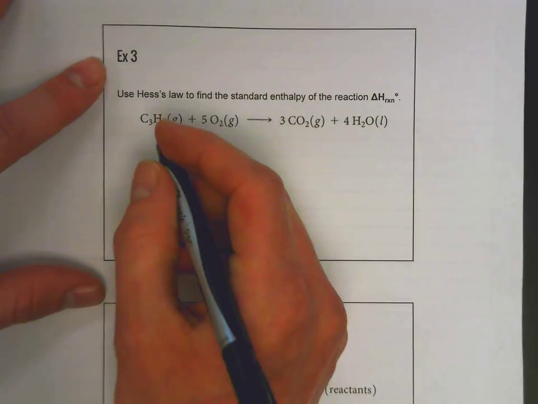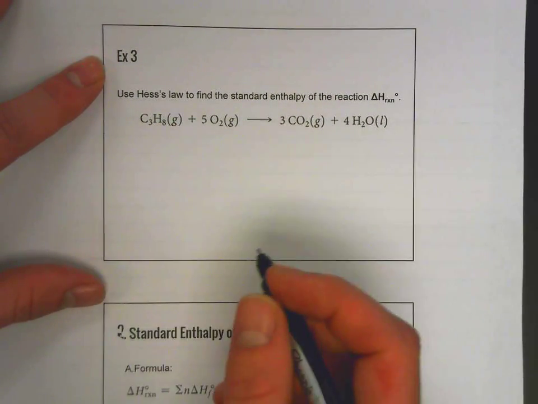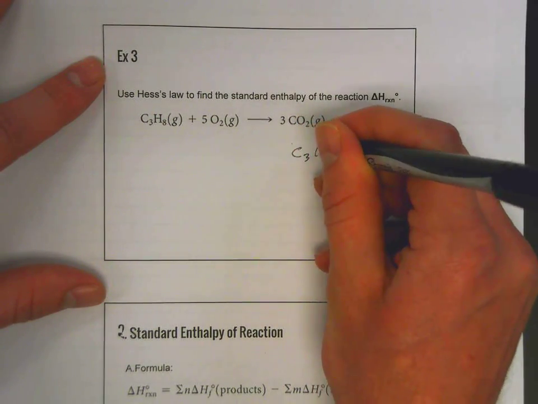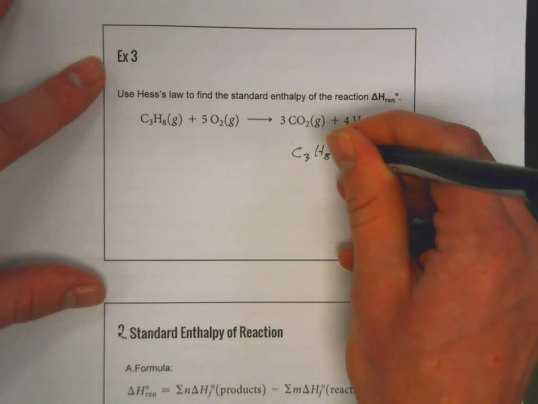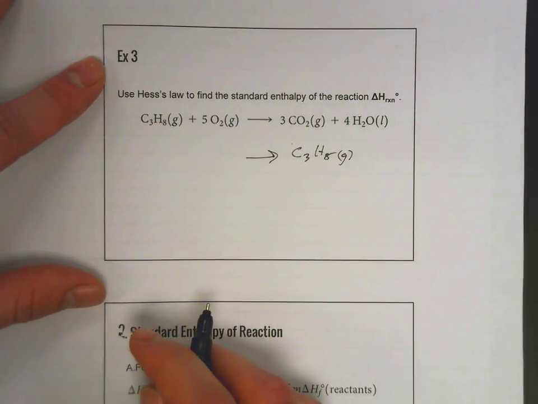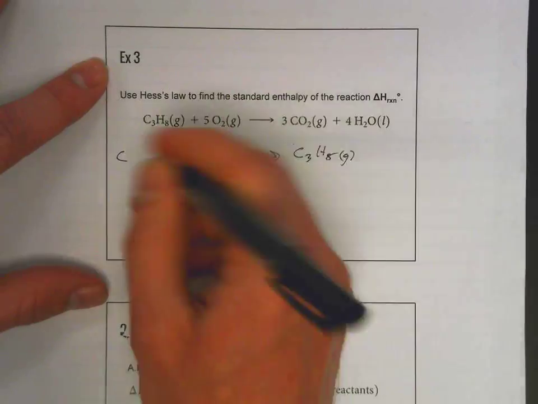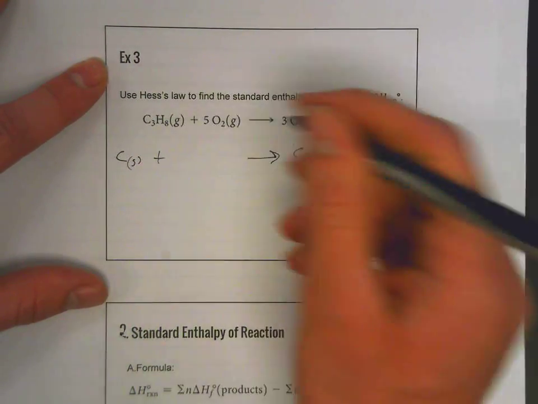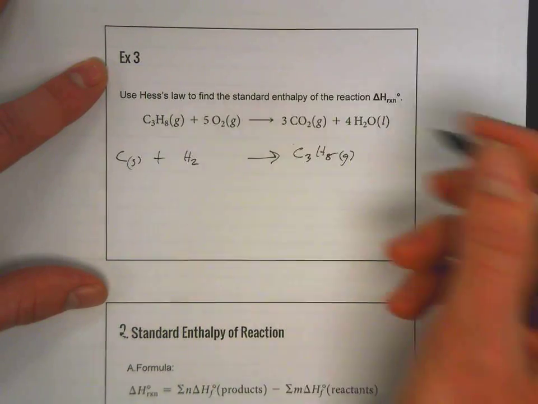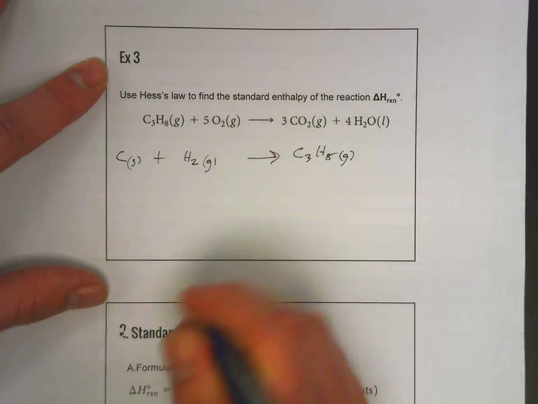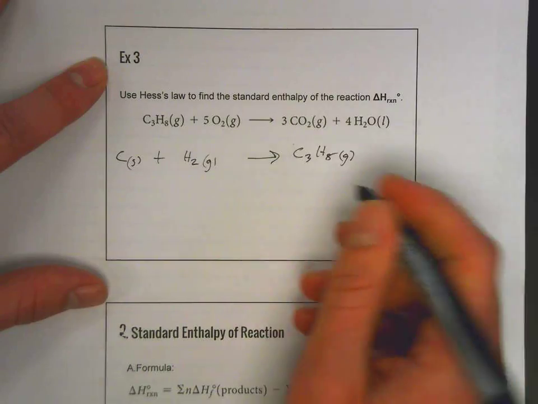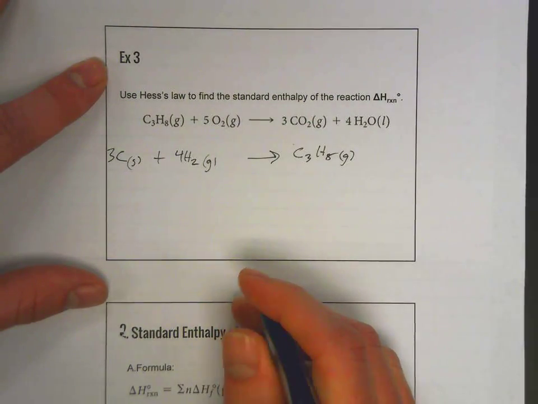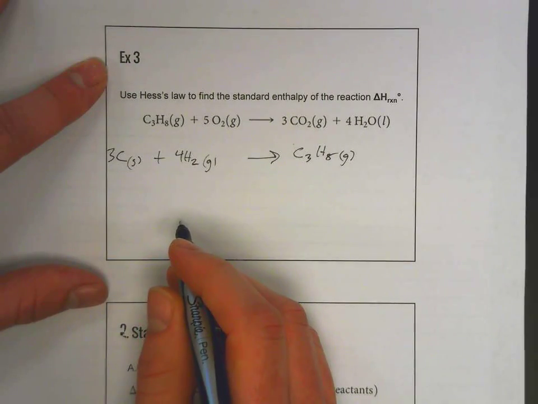So for C3H8, its formation is, we would have carbon and hydrogen, and we would need to balance that equation. So this would be for the C3H8.